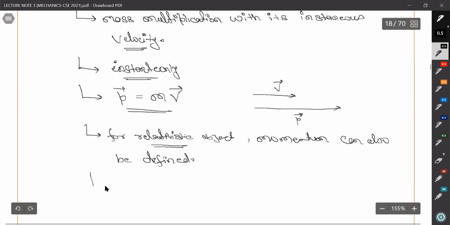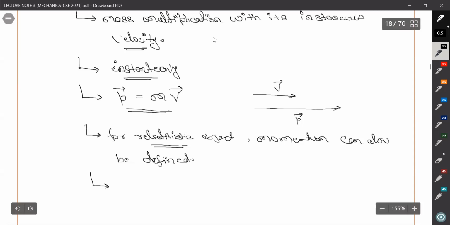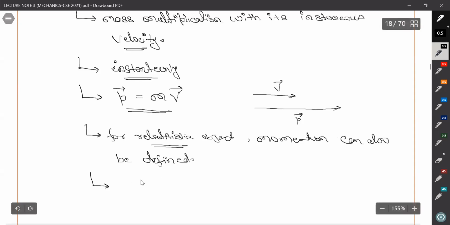Also, from the de Broglie hypothesis, we know that matter has wave-like characteristics, so maybe we cannot define the mass of a wave. Also for the photon, light, we cannot define the mass of the photon. Rest mass of the photon is 0. But we can define the momentum.